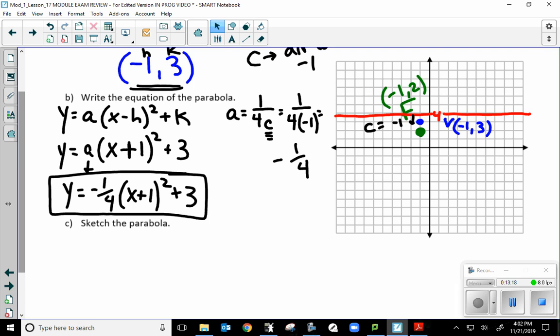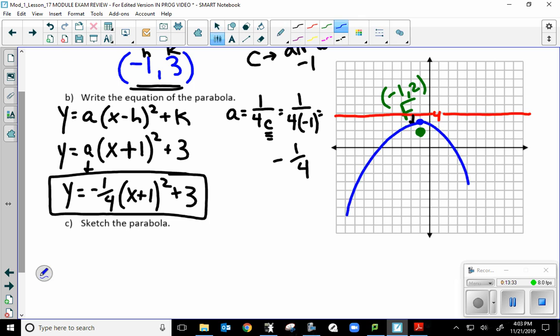Now, last but not least, I'm going to erase what was written to create some room here. I need to sketch this parabola. I know it opens down. My parabola is going to open something like that because my parabola should never cross my directrix, that red line.